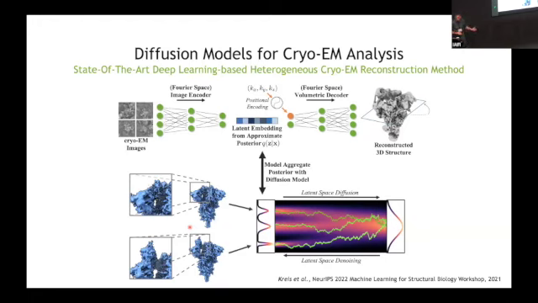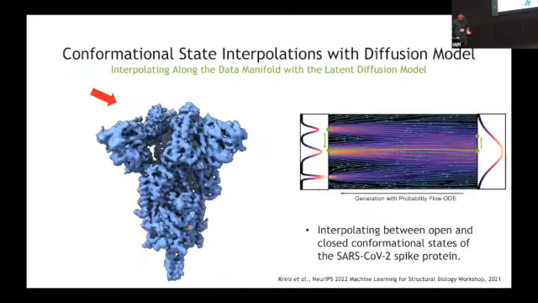From that, you then reconstruct a three-dimensional object through a neural radiance field, and then you have a reconstruction loss on the corresponding slices. Something we tried is fitting a diffusion model on this latent embedding distribution.